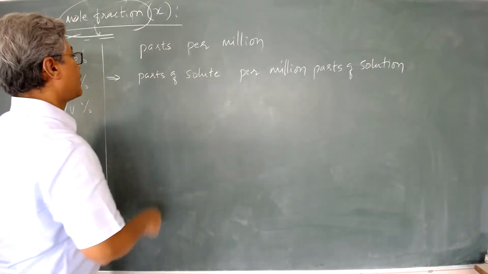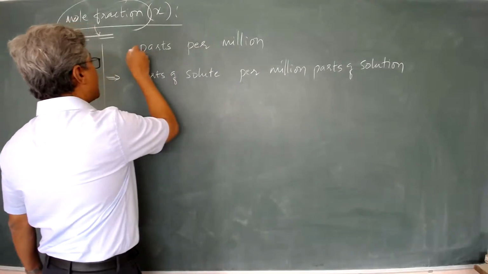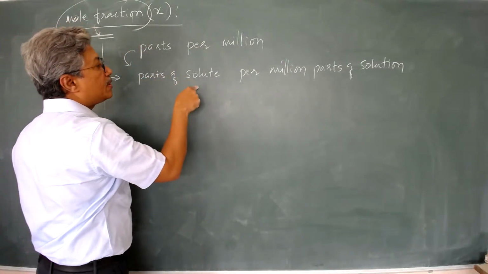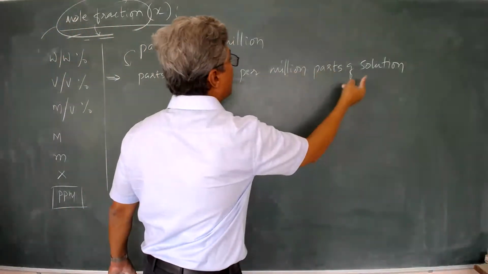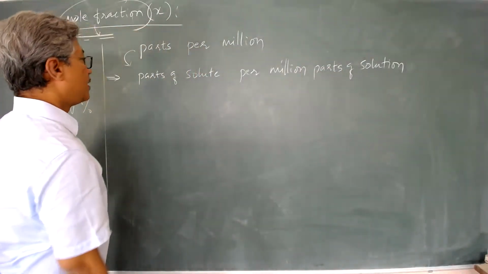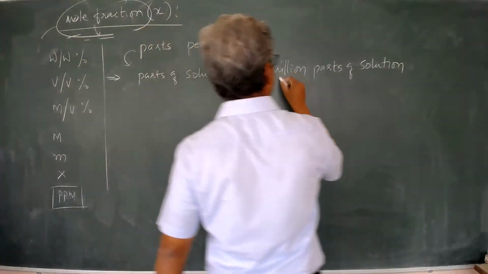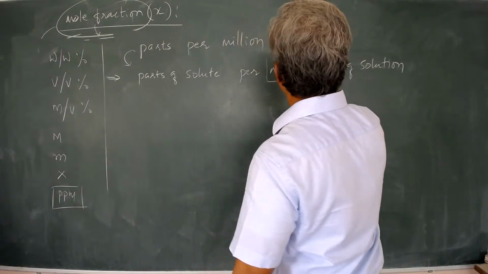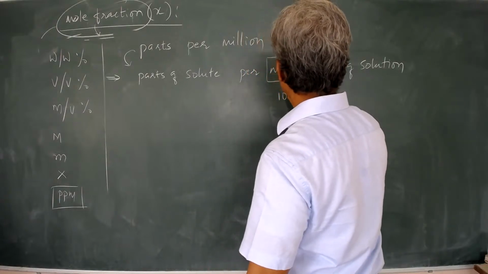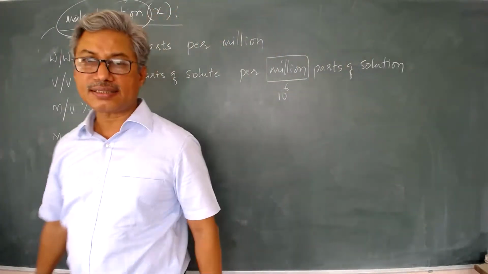Are you getting this? This can be written as parts of solute per million parts of solution. See, per million, million stands for 10 raised to 6, that is 10 lakh. 10 lakh is 1 million.